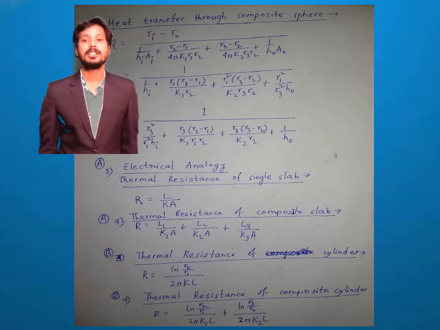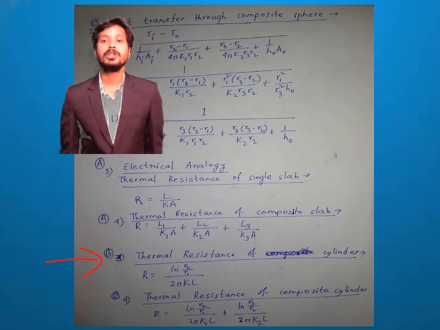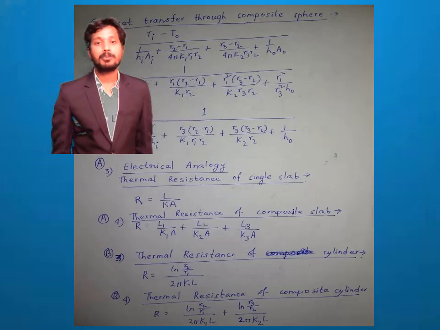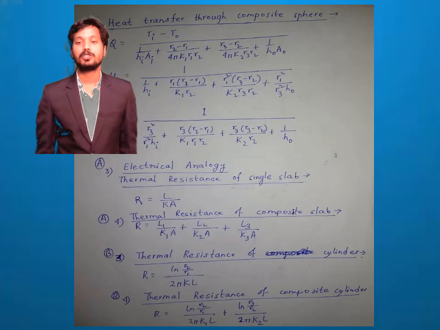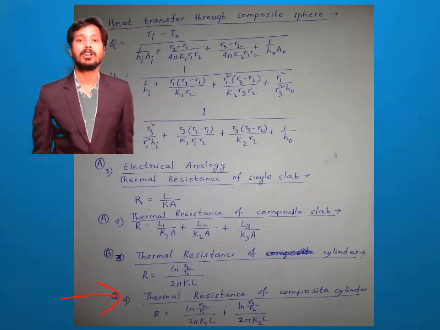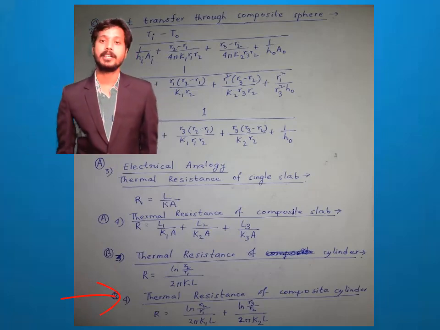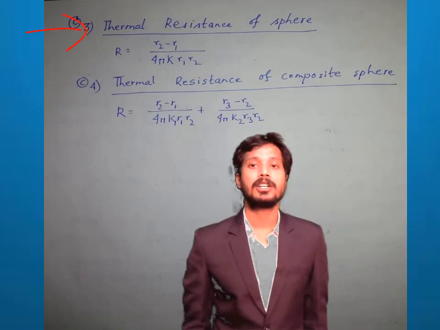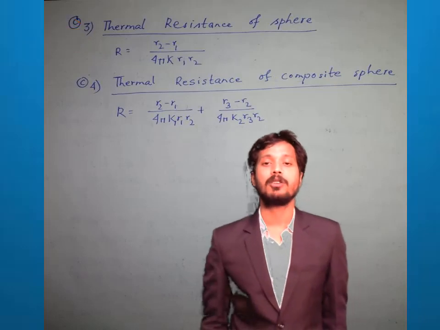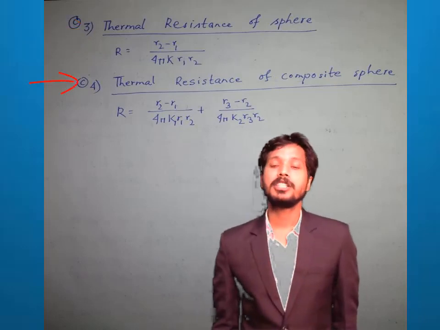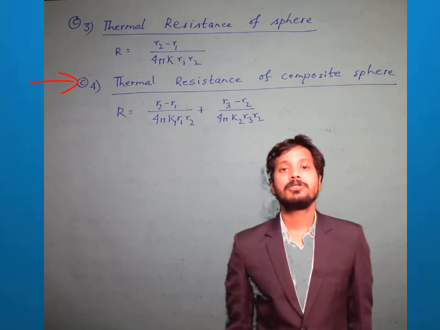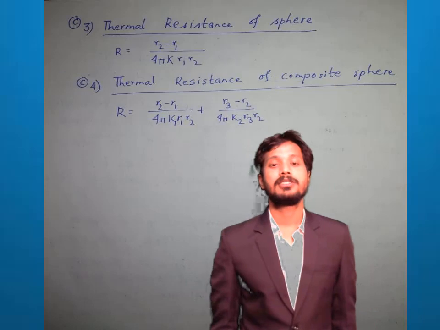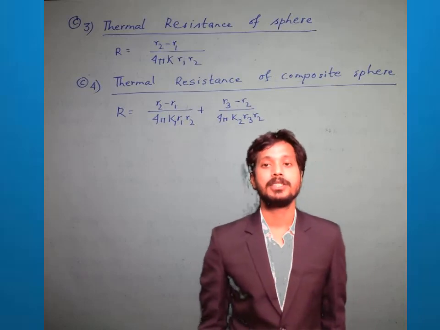Thermal resistance of a cylinder: R = ln(R2/R1)/(2πkL). For a composite cylinder: R = ln(R2/R1)/(2πK1L) + ln(R3/R2)/(2πK2L). And the thermal resistance of a sphere: R = (R2 − R1)/(4πk R1 R2), and of a composite sphere: R = (R2 − R1)/(4πK1 R1 R2) + (R3 − R2)/(4πK2 R3 R2).